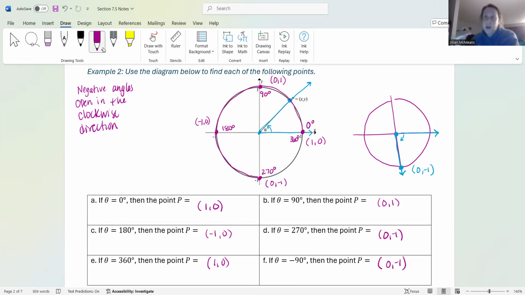Now we could keep going. We could do negative 180, negative 270, negative 360, but you hopefully get the gist. Now also remember that we have radians too, so this would be 0 radians, pi over 2 radians, pi radians, 3 pi over 2 radians, 2 pi radians, negative pi over 2 radians.